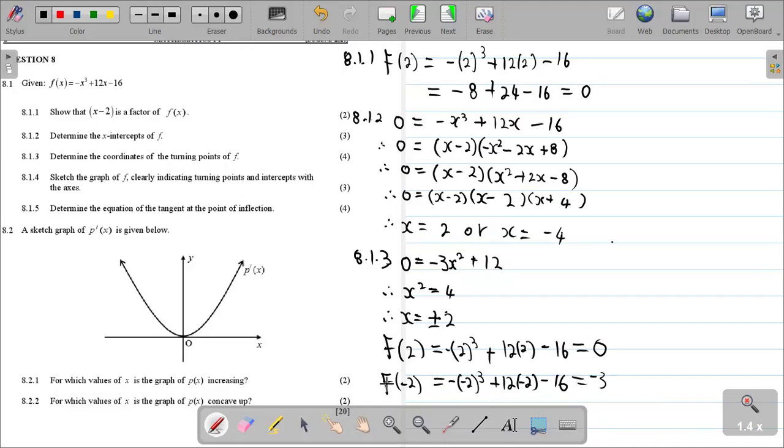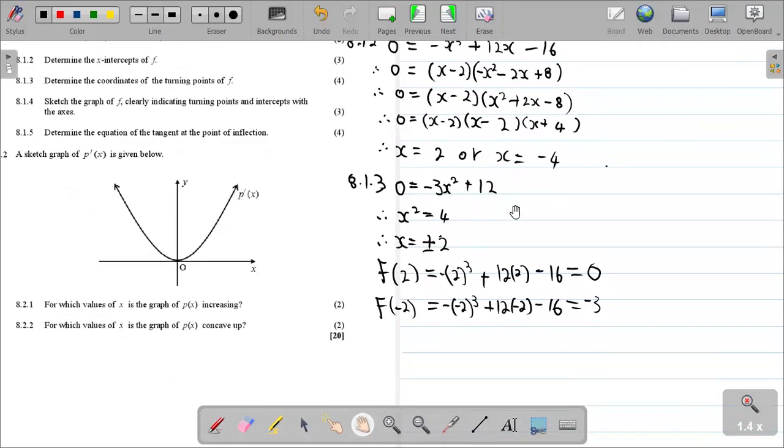Okay, so it means therefore it's going to be 2 and 0 and negative 2 and negative 32. So now we have these are the two turning points.